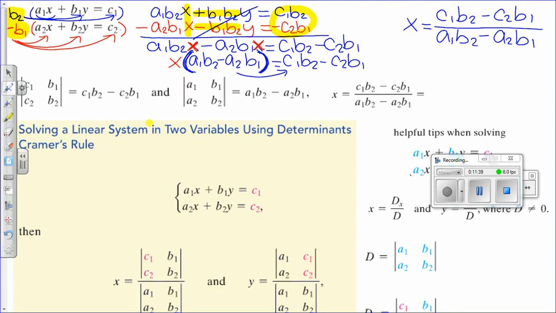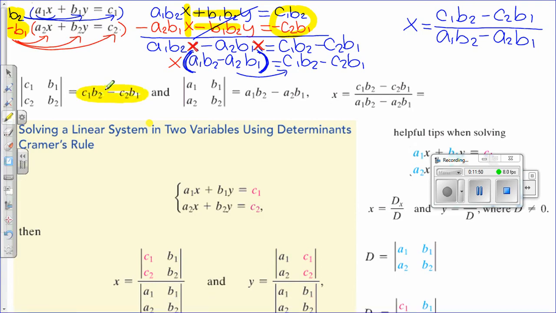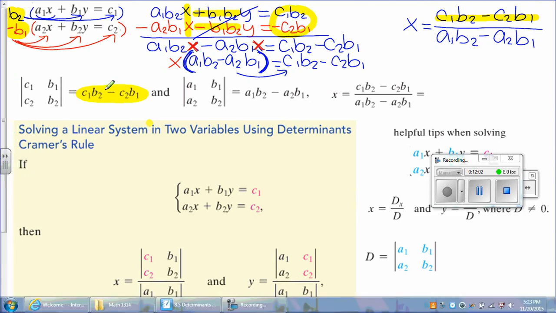Now, let's see how that works here. And we have here the idea of c sub 1 times b sub 2 minus c sub 2 times b sub 1. And so that is actually the determinant of this matrix.